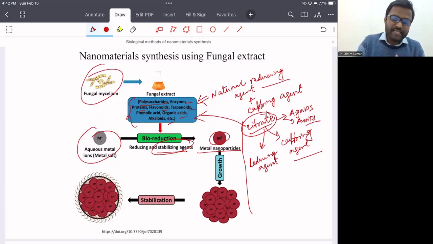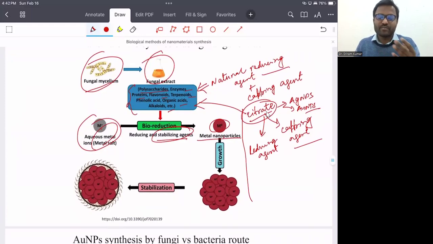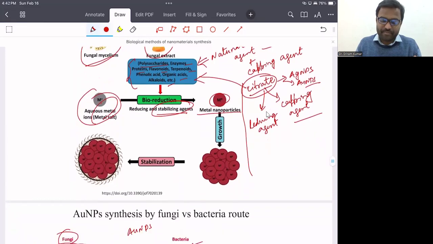For example, from the fungus we can extract some useful chemicals, and if you put metal ions into the extract, we will get nanomaterial synthesis, and that nanomaterial is capped and stabilized by the fungal extract.